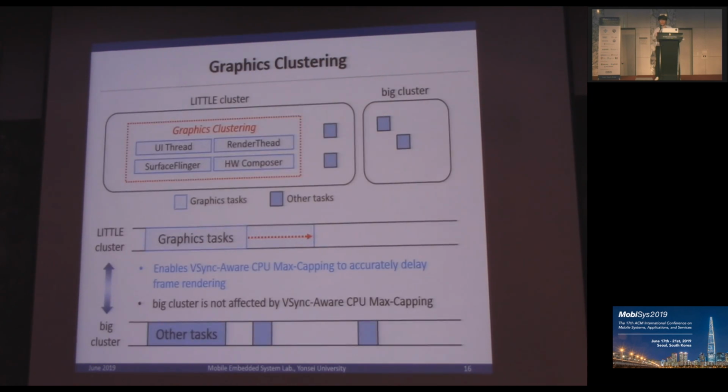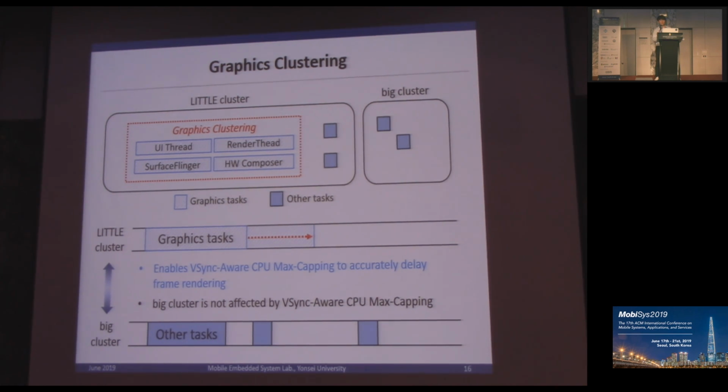And our second solution is graphics clustering. This solution tries to run all of the graphics-related processes in the little cluster whenever possible. As CPU frequency is controlled by cluster unit, not core unit, if the graphics-related processes are run on different clusters, controlling the frame rendering time becomes very difficult.